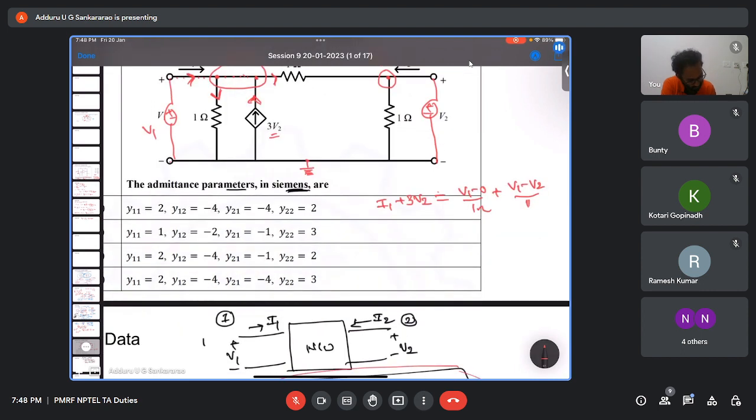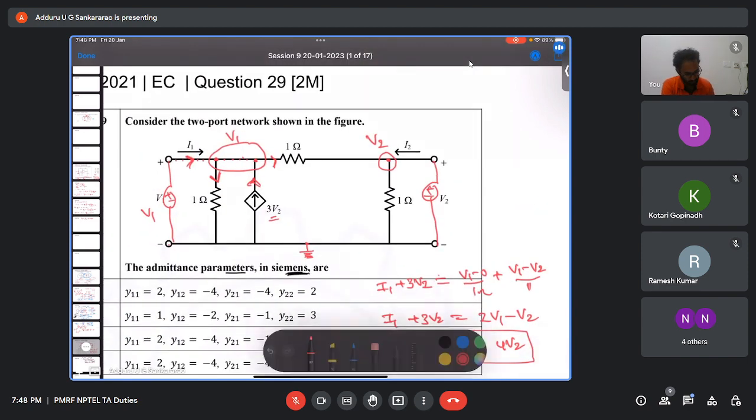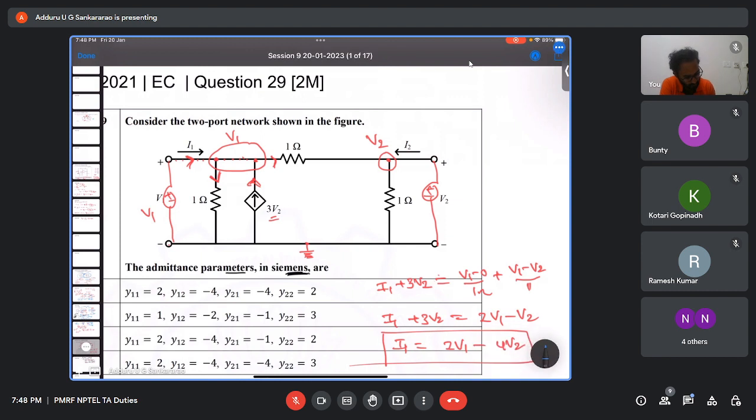So what we get here: I1 plus 3V2 equal to 2V1 minus V2. So I1 equal to 2V1 minus 4V2. This is one equation. Now at node 2 you apply nodal analysis or KCL here.